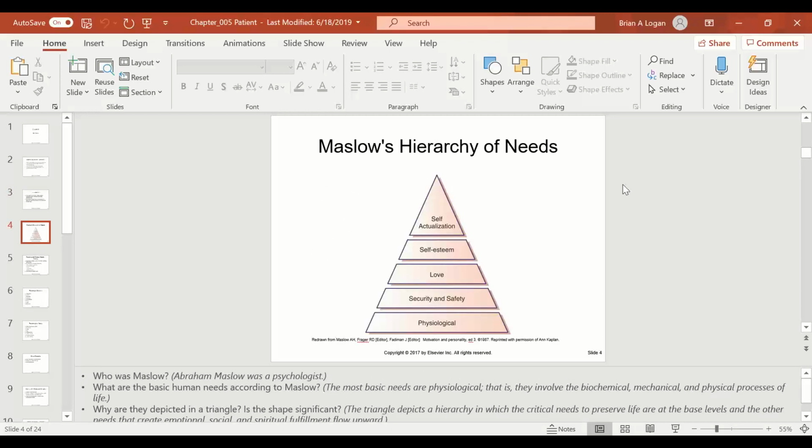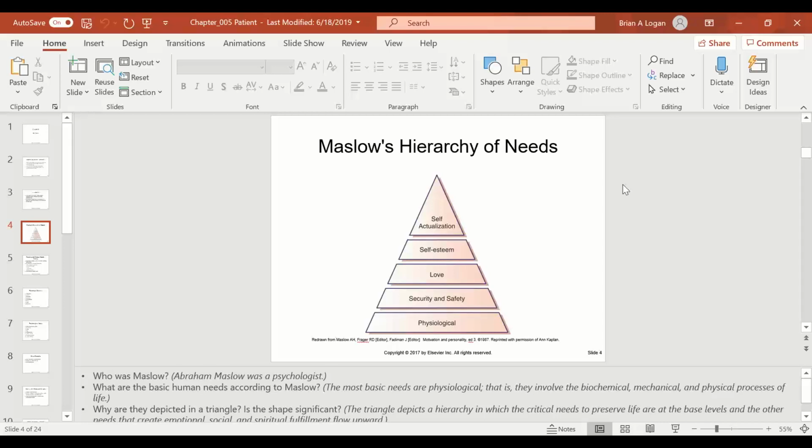But a lot of what we base patient needs on is Maslow's hierarchy of needs. Anyone that's taken a psychology class or a sociology class, you've been introduced to this before. Basically, it's this pyramid.